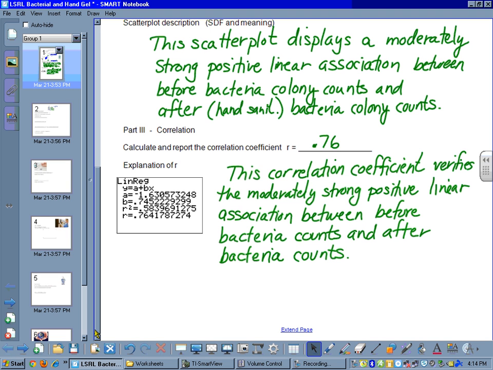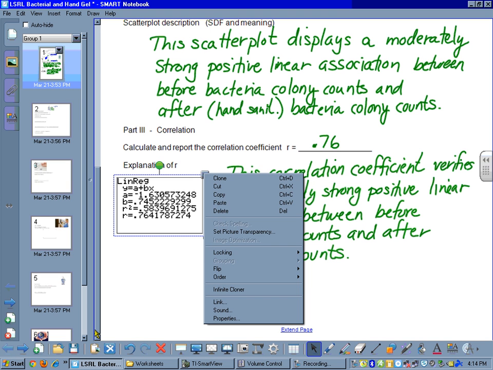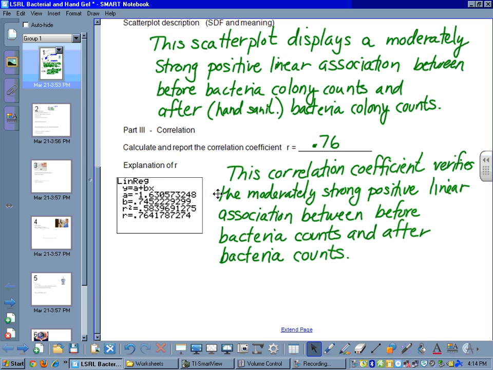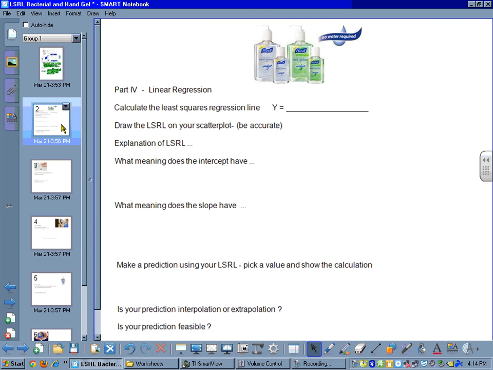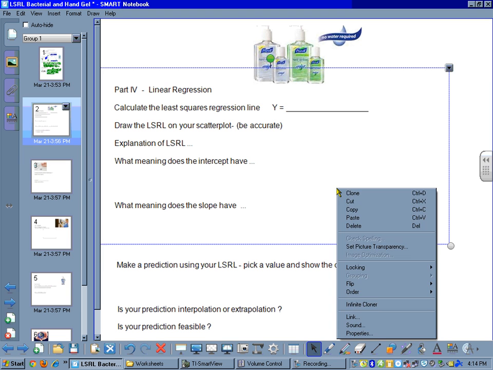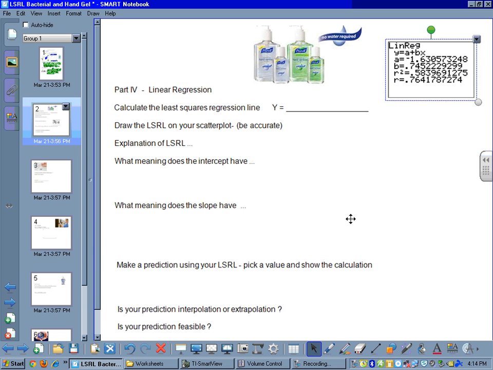All right, the next step is to take this information that we have gained from our calculator and to get the regression line. Remembering to put our hat on, I have y hat equals negative 1.63 plus 0.75x. And I'm going to make myself a little note that x is the before count and y is the after count.